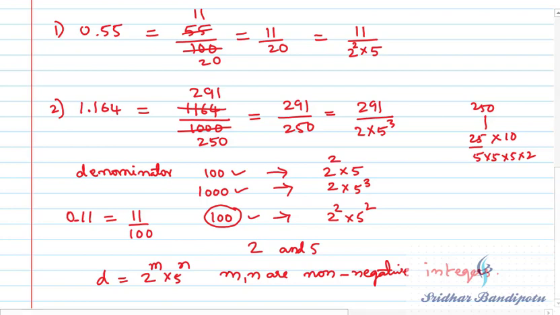Okay, is it clear? If the denominator is in the form of 2 to the power of m into 5 to the power of n, then it has a terminating decimal expansion.